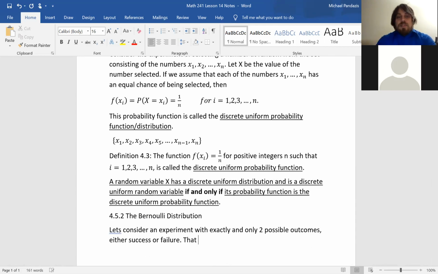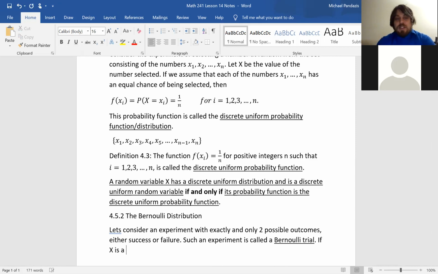Such an experiment is called a Bernoulli trial. So when you conduct an experiment where there's only two possible outcomes, success or failure, that's called a Bernoulli trial.